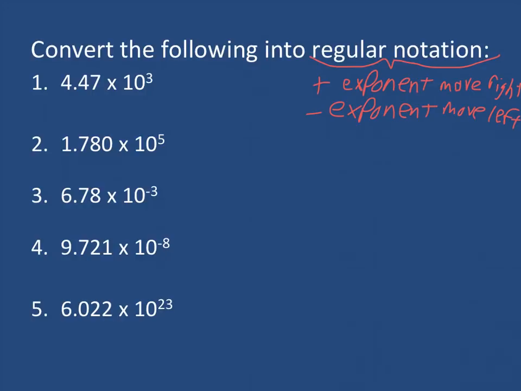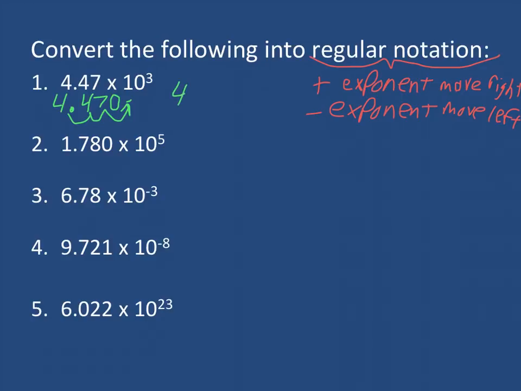So this first one, 4.47 times 10 to the third. All right, 4.47. I'm going to move 1, 2, 3 spaces. All right, I have this empty space here. I put in a 0.